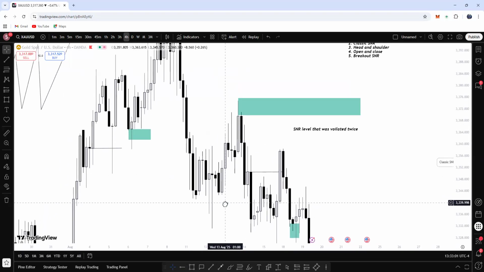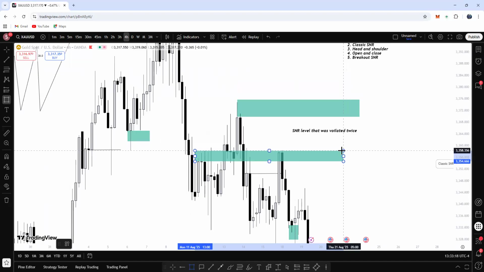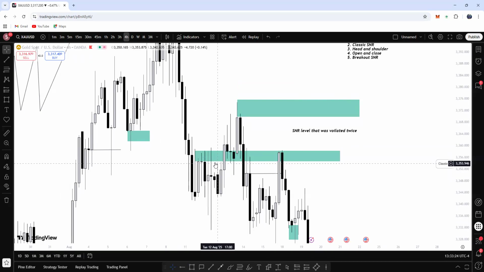Okay, no. This also is not a good one. But this one here, look at this level here.